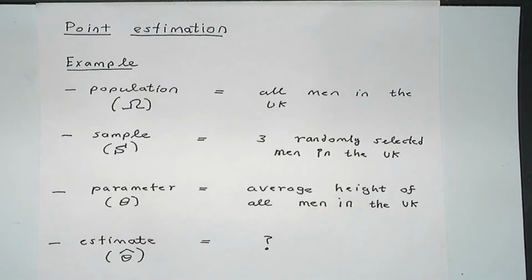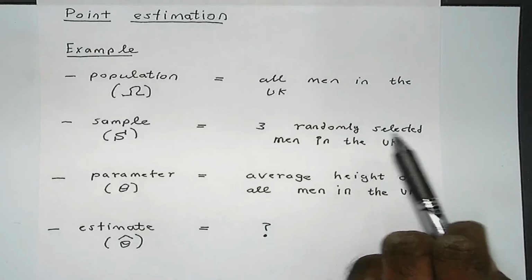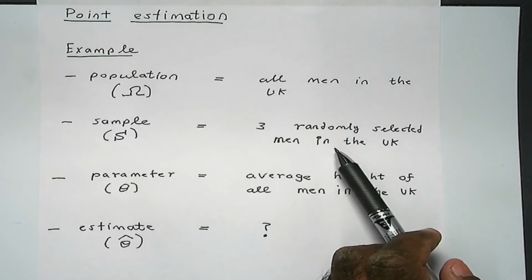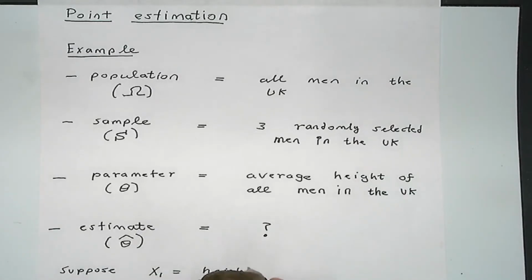Now, in order to estimate theta, we have 3 randomly selected men in the UK, and we have their heights measured. So the data that we have is the following. Suppose x1 is the height of the first man that we selected.